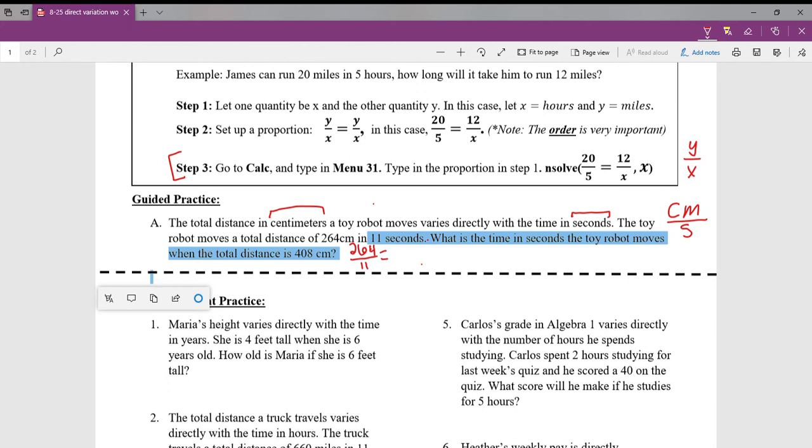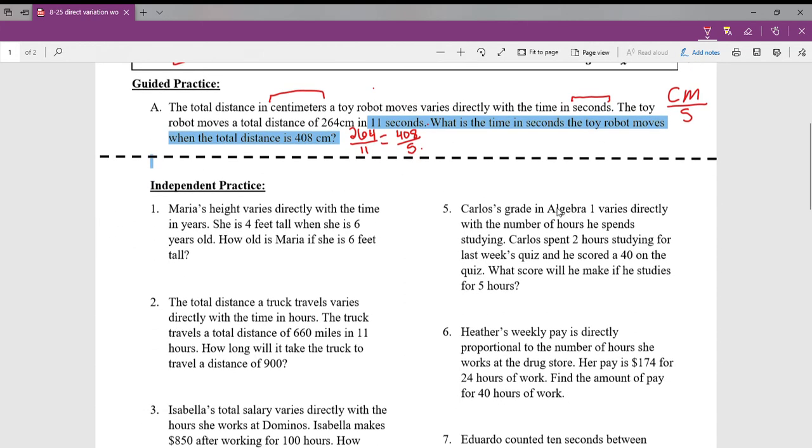So this one says what time in seconds the toy robot moves when the total distance is 408 centimeters. So now it's going to be is equal to 408 over, and I don't know how many seconds, so I'm going to put that as an S, and then I'm going to leave it like that. And again, we'll solve that in person whenever we get back. So we'll do one more together.